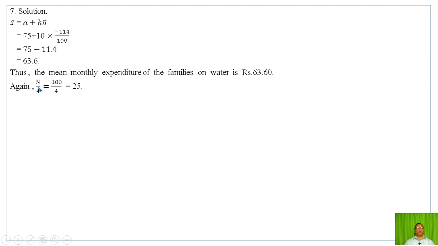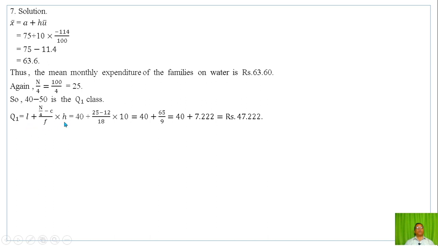Again, for Q1 we take N by 4, where N is 100, so it is 25. Then 40 to 50 is the Q1 class, since the cumulative frequency reaches beyond 25 there. The Q1 formula is L plus (N by 4 minus CD) over f, times h. L is 40, N by 4 is 25, CD is the cumulative frequency just before the Q1 class, which is 12, and f is the frequency of the quartile class.